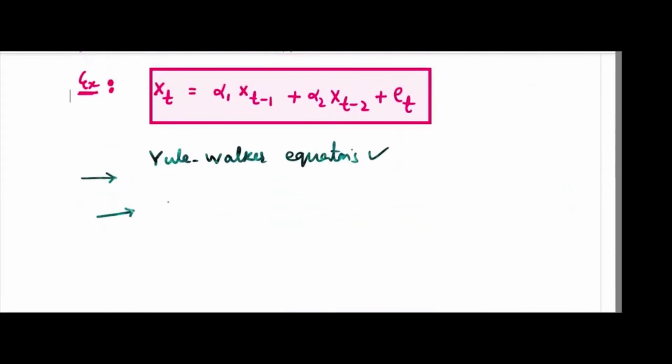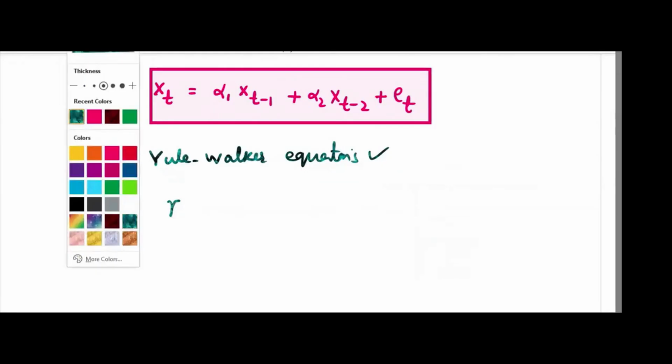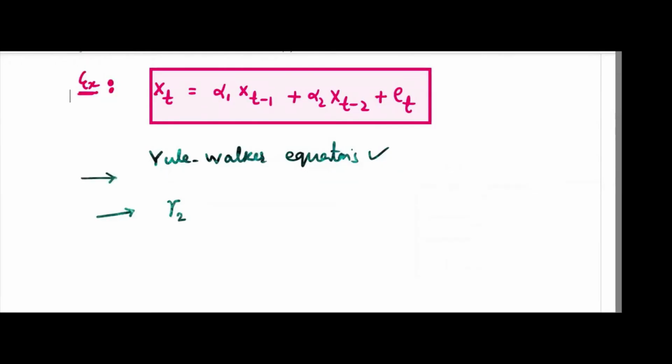I'll write gamma 3. Okay, see how I'm writing. Here anyway, we don't have gamma 3, gamma 2, gamma 1, then gamma naught. You write all the constants, alpha 1, alpha 2 in every place.